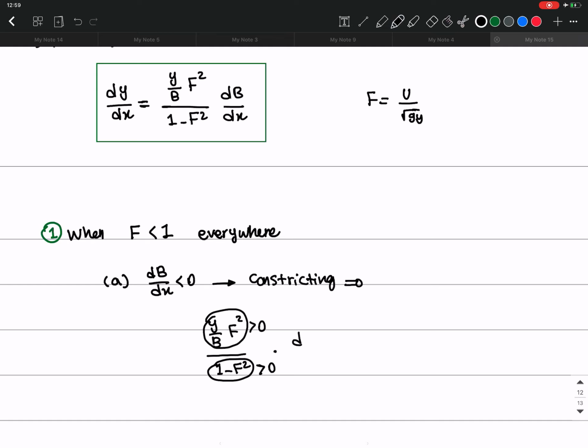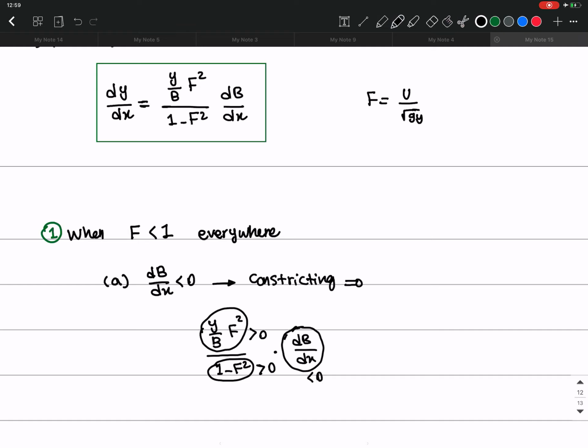And then we have dB over dx, which in this situation that we are investigating is smaller than 0.